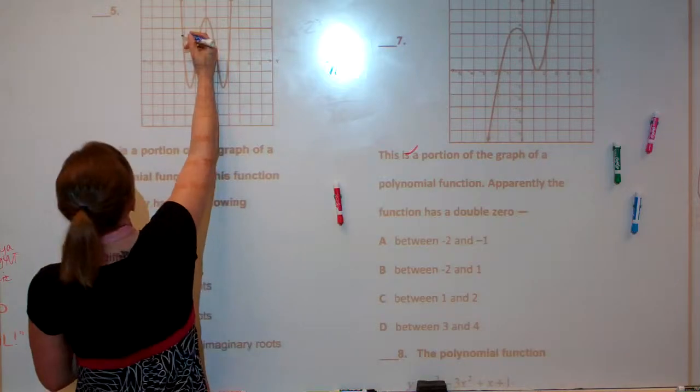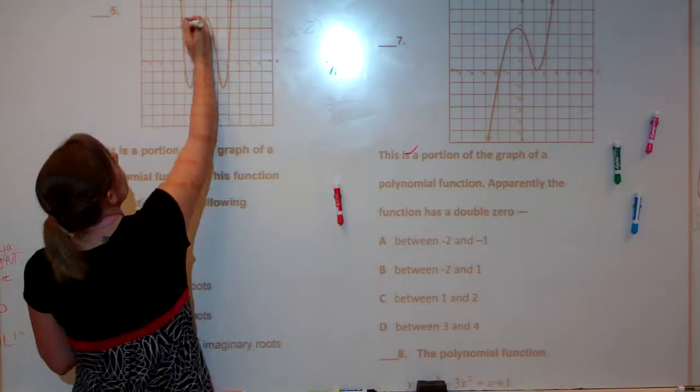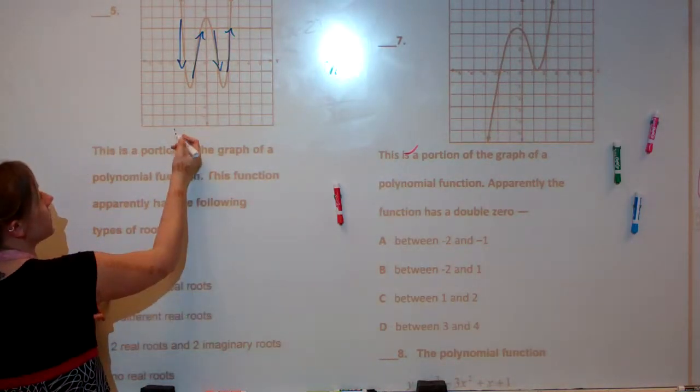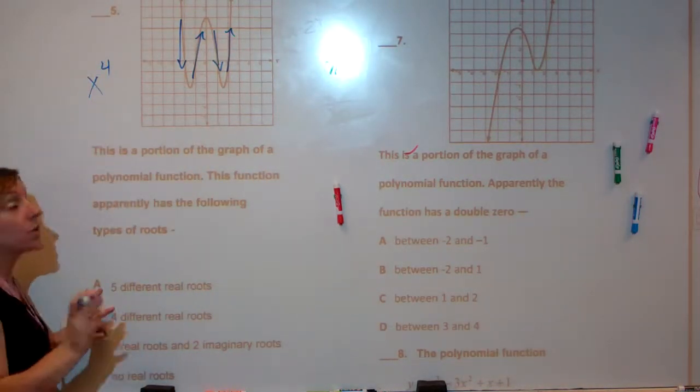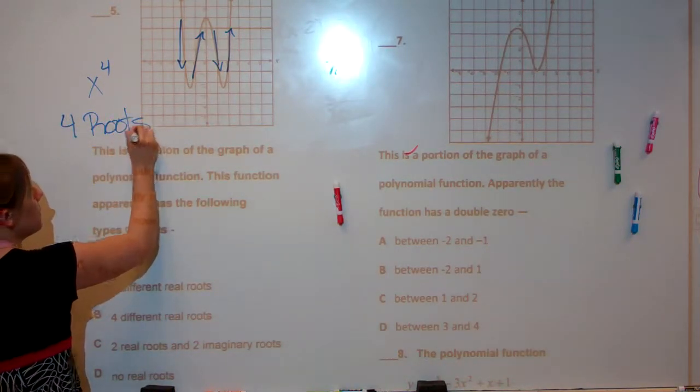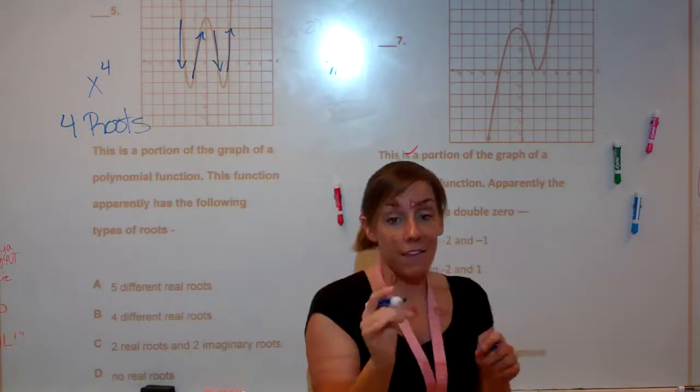So this is 1, 2, 3, 4 directions, so it's x to the 4th, which means it has a total of 4 roots. Okay, it has 4 roots all together.